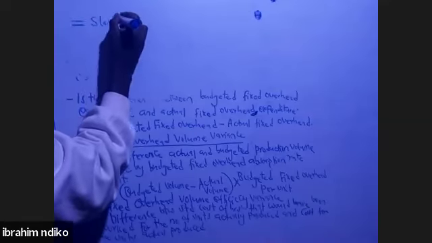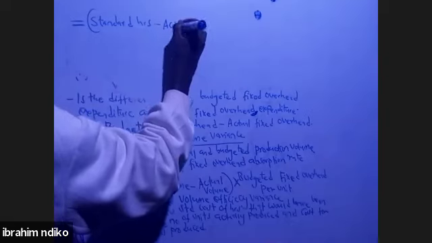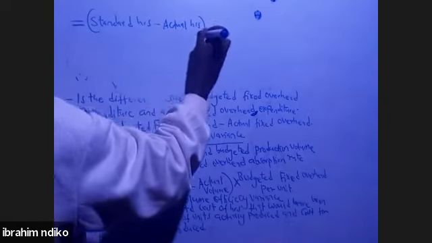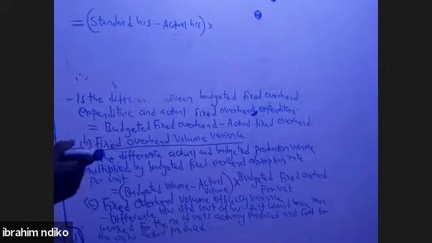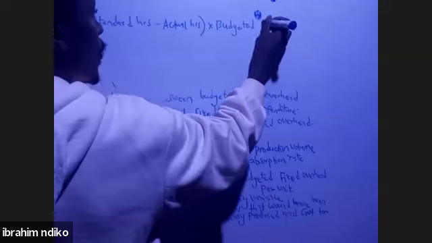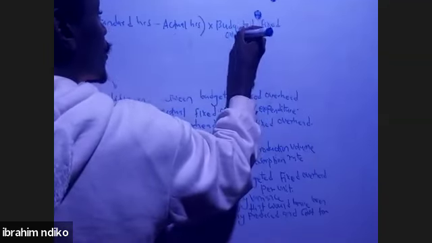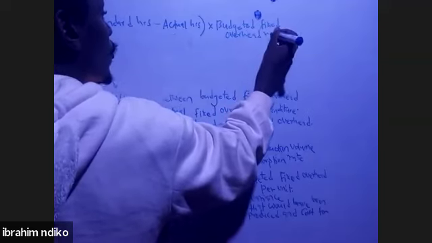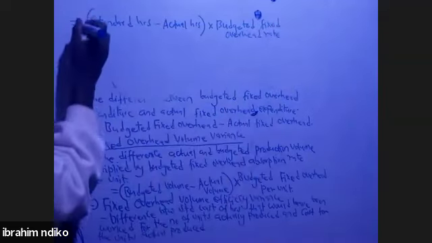The formula is equal to standard hours minus actual hours, then we multiply by budgeted fixed overhead rate. Then ya mwisho, now we'll go to the last one.